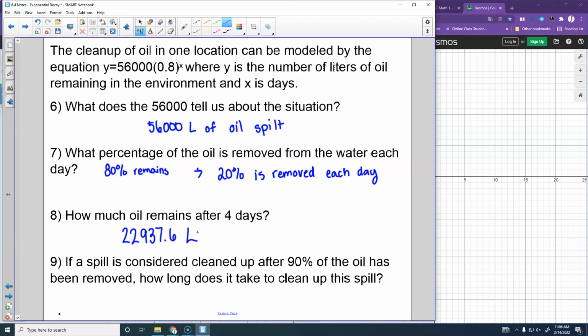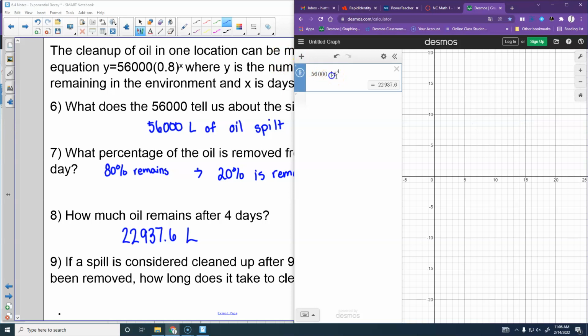Correct. So what we're going to see with decay, and we'll look at this in a second, is if we put a 1 right there, I would have 587,863 liters of oil. That's more than I started with, because I only had 56,000 to begin with.